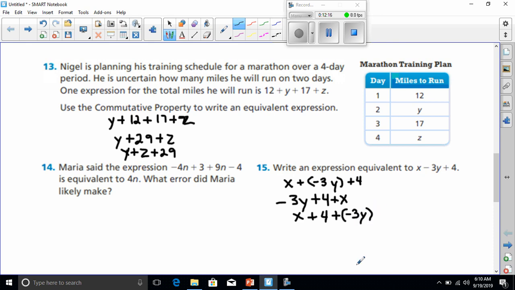Now this one could be at the beginning, but also at the end, because we're still adding. But if you're using it at the end, I want you to put the parentheses around it to show that you realize you're using the commutative property and only adding numbers.